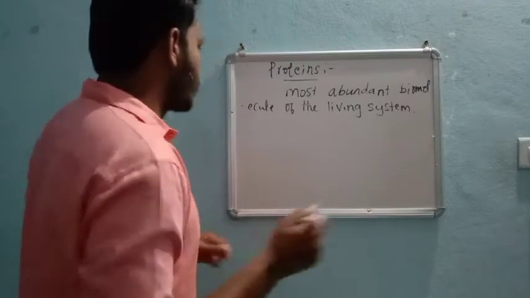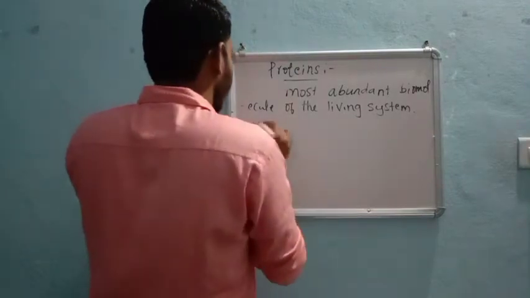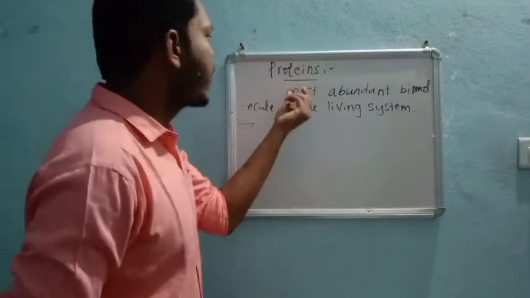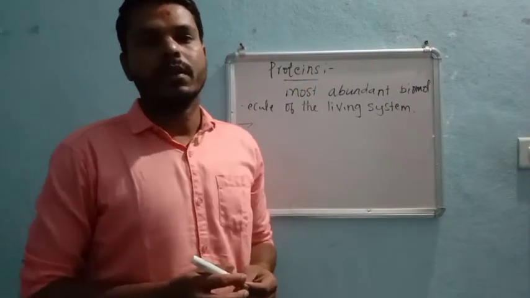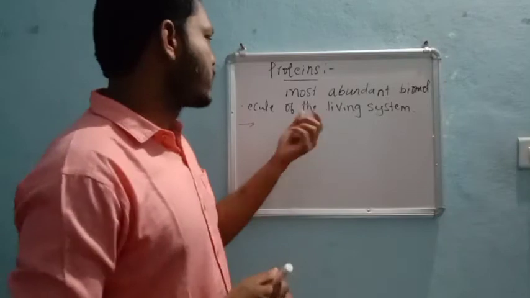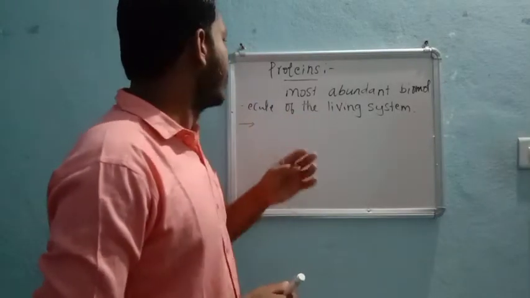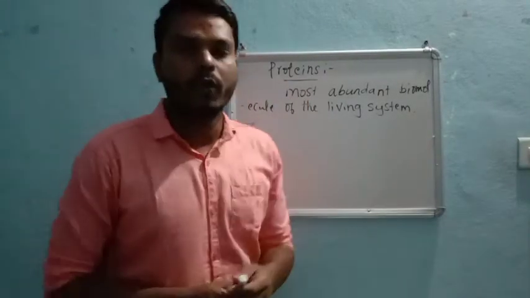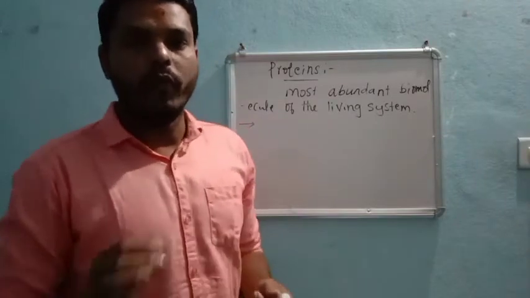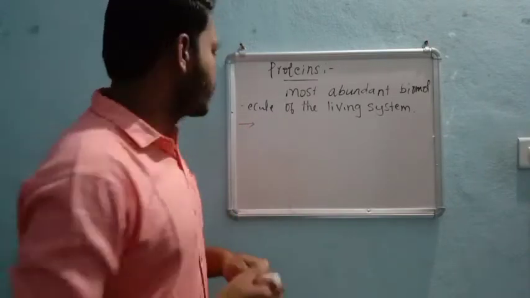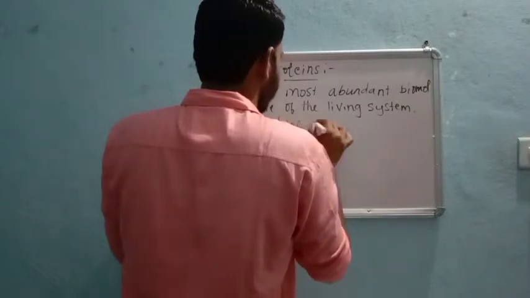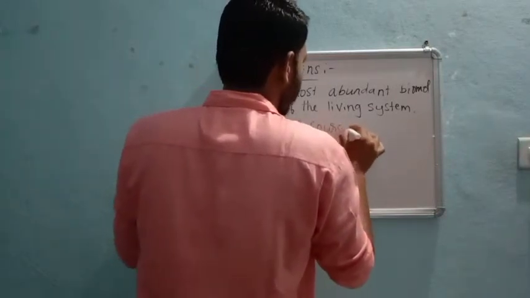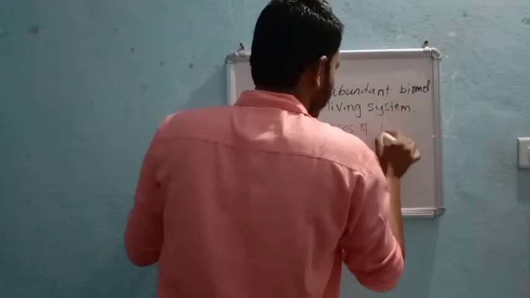So the cheap sources of this protein: if we are talking about a very important part of our biological system, we must know where we will get this protein. The cheap sources of protein are, you all know, right?